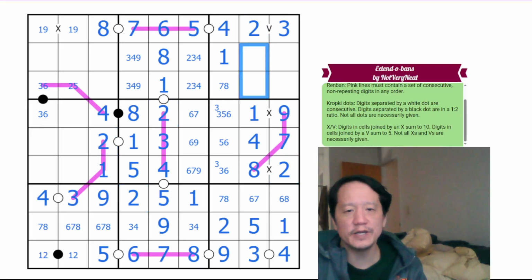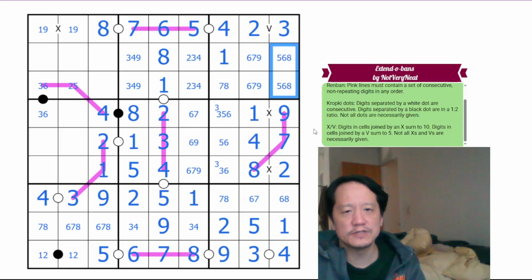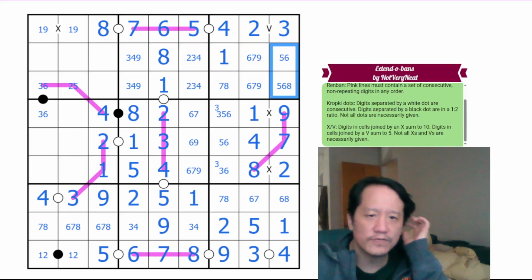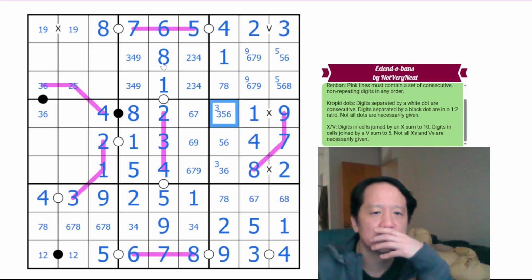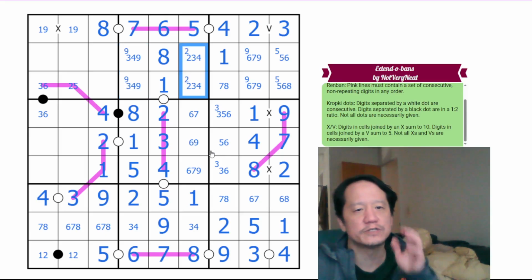Remaining digits of column 8 are 6, 7, 9. Remaining digits of column 9 are 5, 6, 8. This can't be 8 because of 8 in the row. 5 has to be one of these two. 9 has to be one of those two. 9 has to be one of these two. 2 has to be one of those two.